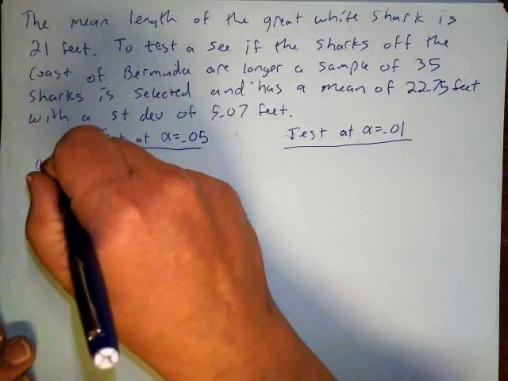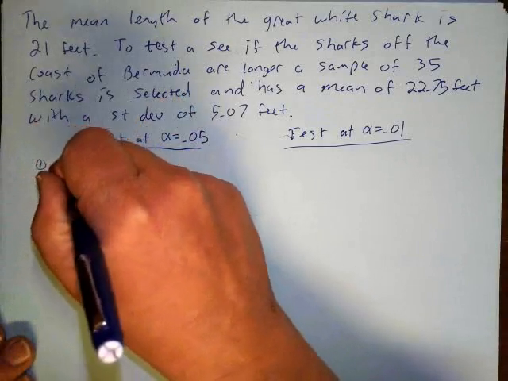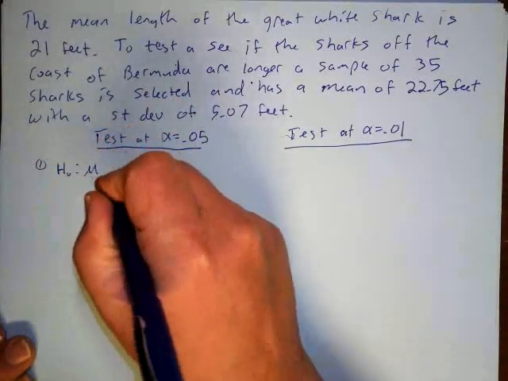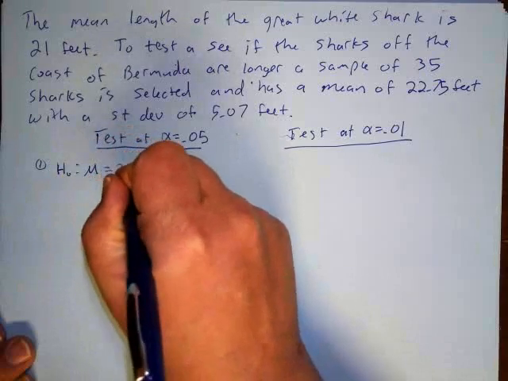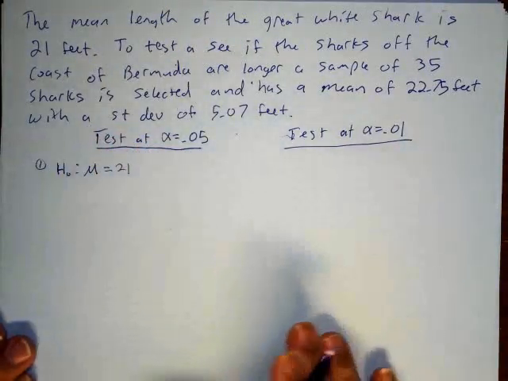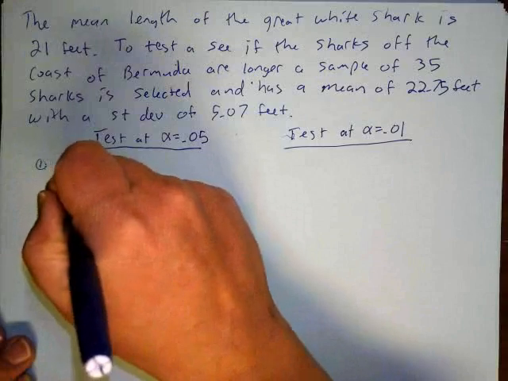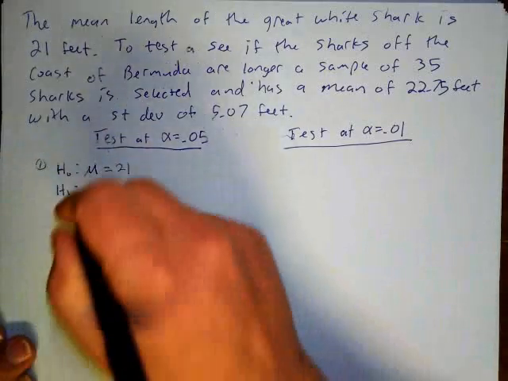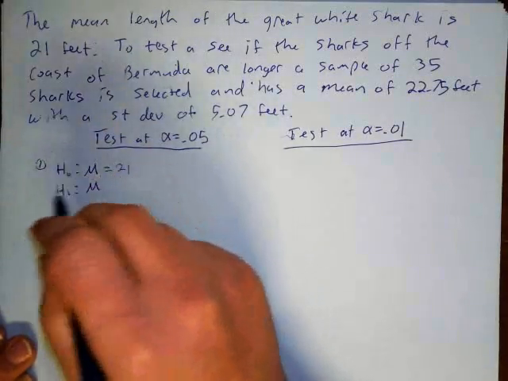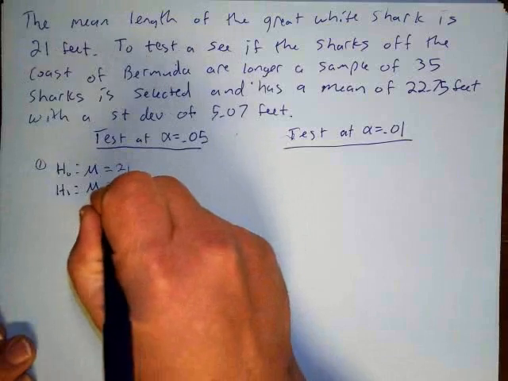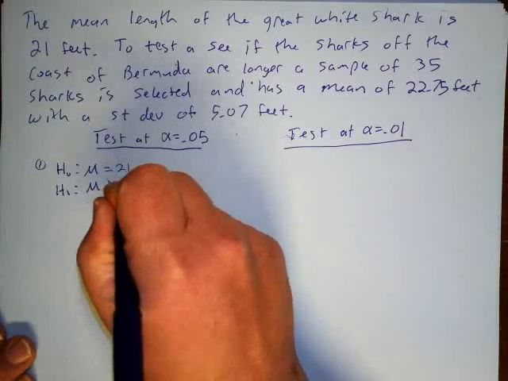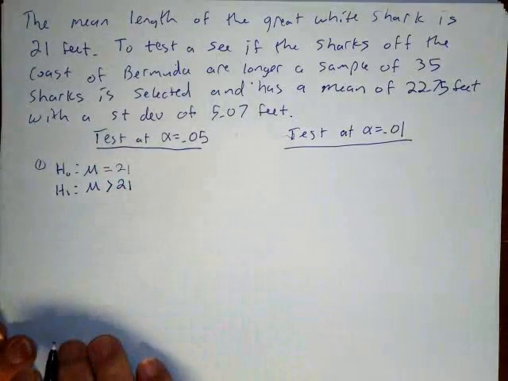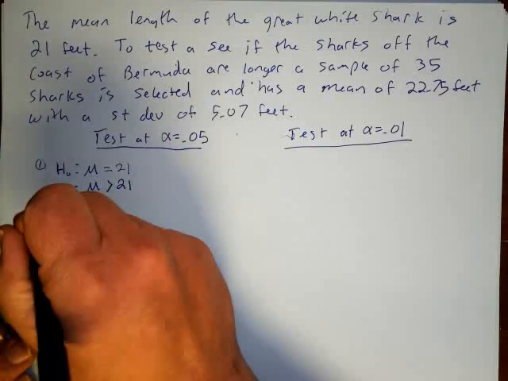So the null hypothesis says the sharks off the coast of Bermuda are no longer than 21 feet. They're the same, there's no difference. But the alternative, the competing claim that I would like to show, is that actually the sharks off the coast of Bermuda are longer than 21 feet. So that's my hypothesis.